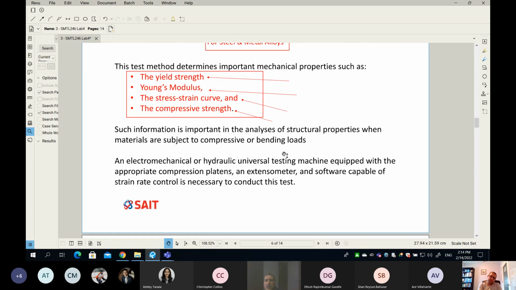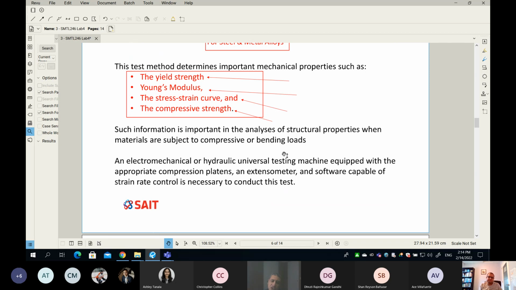We need to use the same machine. If you remember, we had a machine called UTM. UTM stands for Universal Testing Machine. So the same machine that we use in tension, we're going to use today in compression. All we have to do is just change where we place our specimen.